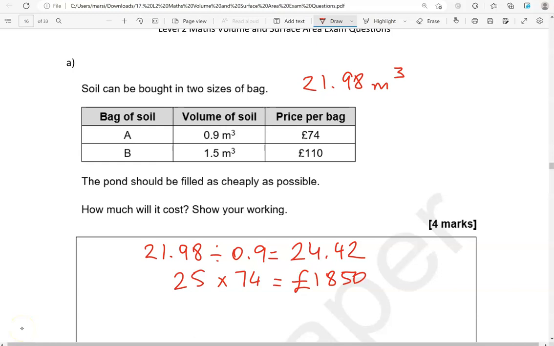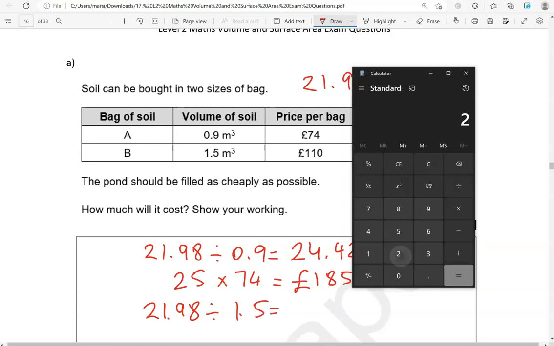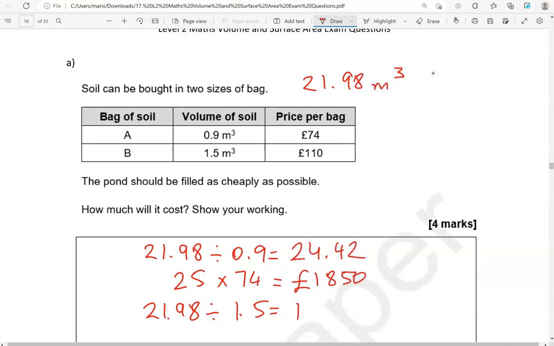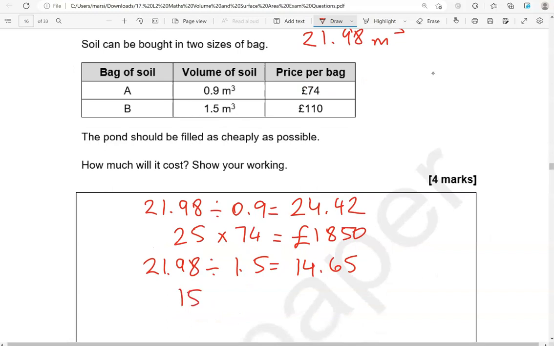Let's try with B. So 21.98 now divided by 1.5, which is 14.65. So that will be 15 bags times 110 pounds per bag.